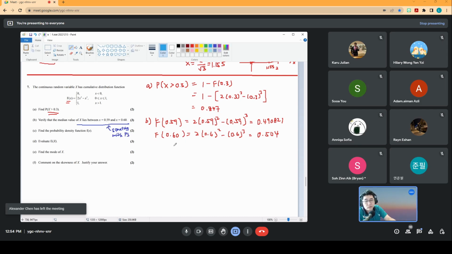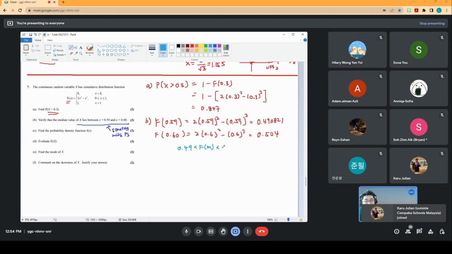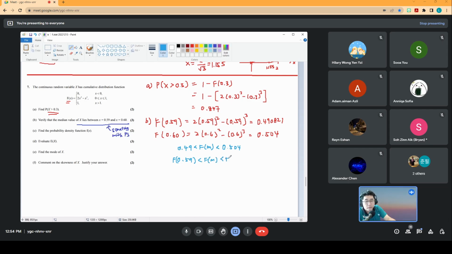The 0.49 is f of median, 0.504 is f of 0.59, f of m, f of 0.6. Therefore, the median is in between 0.59 and 0.60. So don't jump to conclusions easily. This is a concept question. Don't just blindly follow the steps.